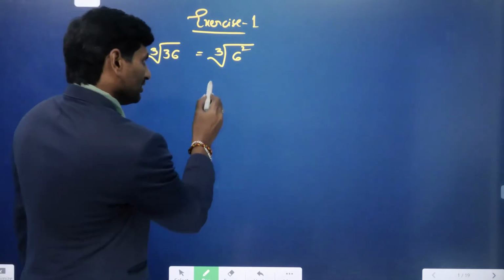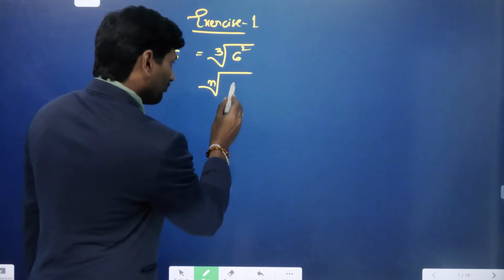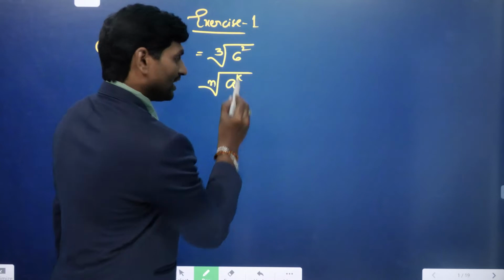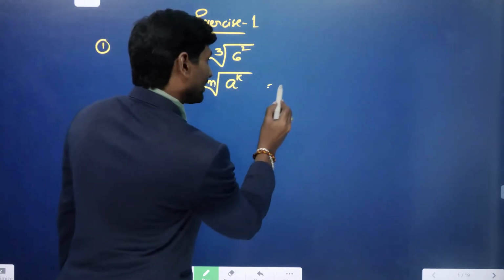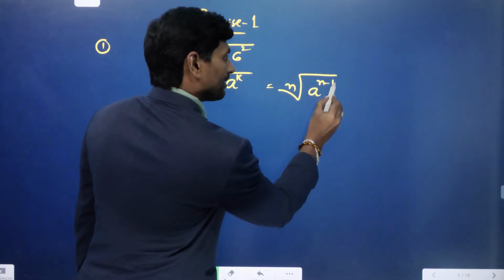According to our condition, if the expression is nth root of a power k, its rationalizing factor is nth root of a power n minus k.